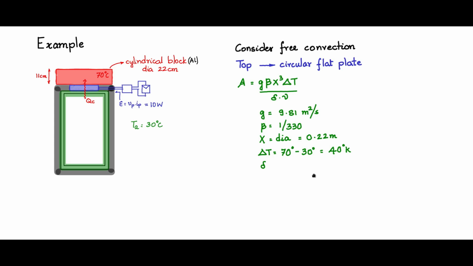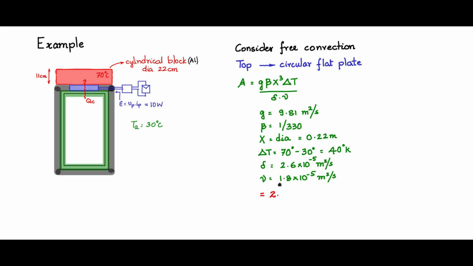Then you have the thermal diffusivity for air, which I mentioned is 2.6 into 10 to the power of minus 5 meters squared per second, and kinematic viscosity 1.8 into 10 to the power of minus 5 meters squared per second. All these data, beta, alpha, nu, are available in scientific tables.